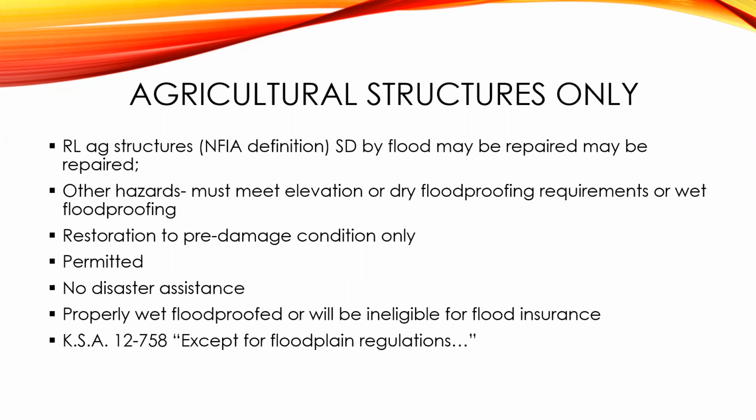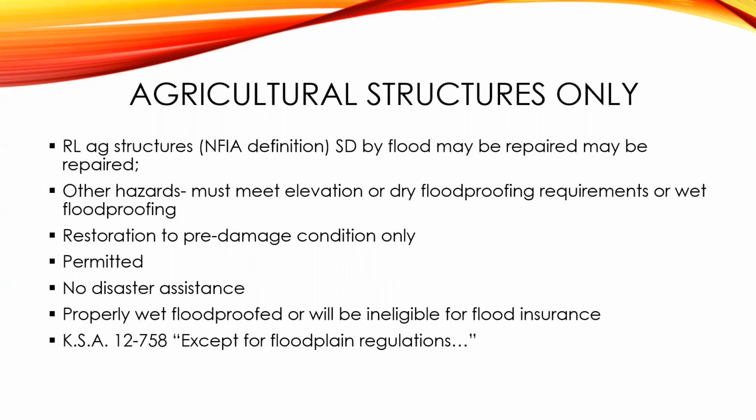And then something that came up recently is the KSA 12-758. And so this is a state law that kind of exempts agricultural uses. And so there is a little bit of a misconception, or there has been in some communities, that it will exempt them from floodplain regulations. But if you read subpart B, it says except for floodplain regulations, it's exempt.